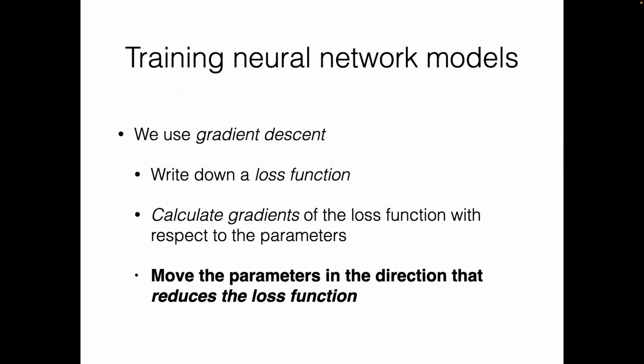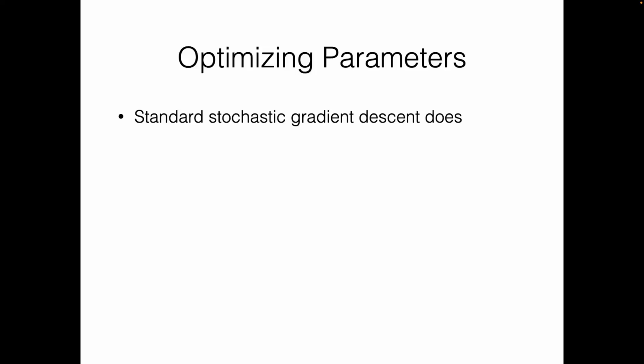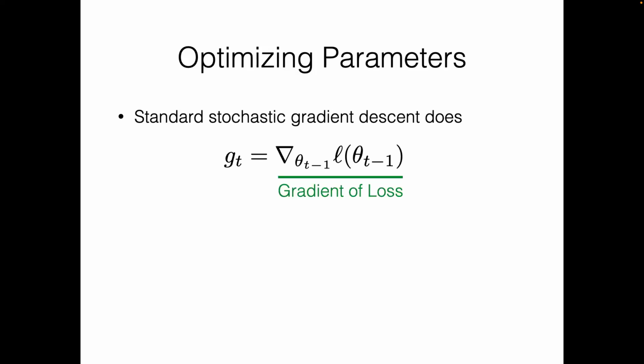Now once we've gotten the gradient, we can use gradient-based optimization. The most basic algorithm is stochastic gradient descent. We get the gradient of the loss, like the one we just computed on the slide, and then we do gradient descent, which means subtract the gradient.